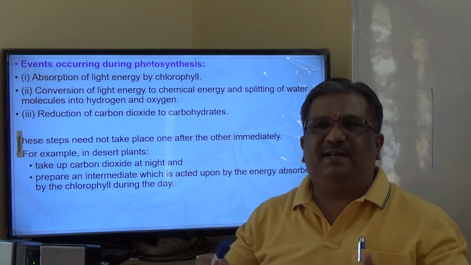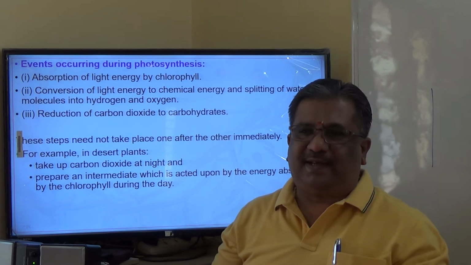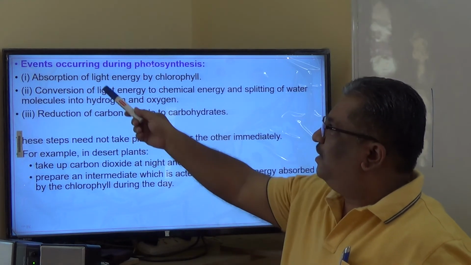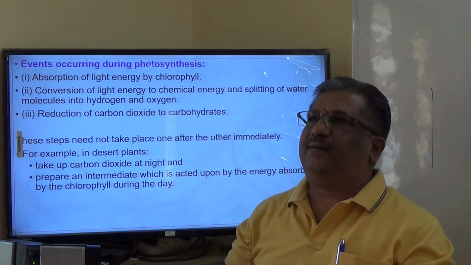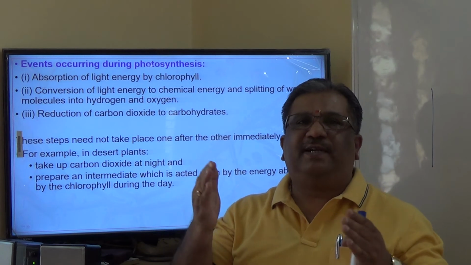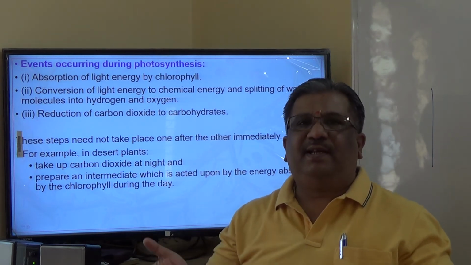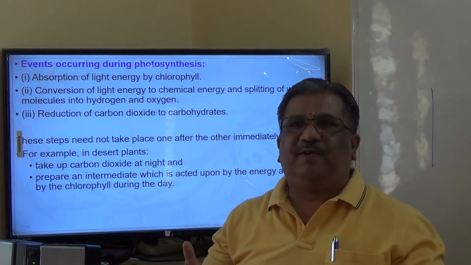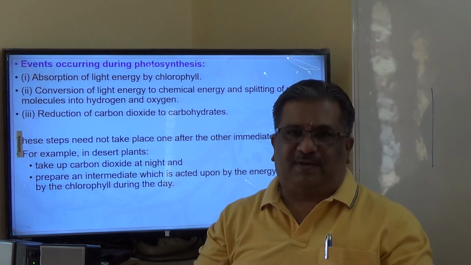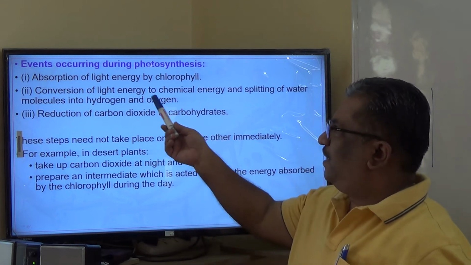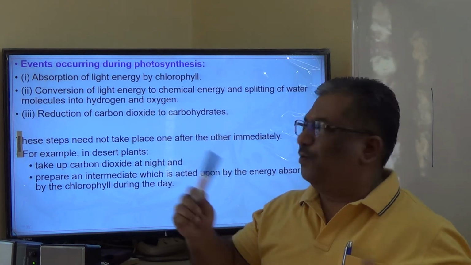We will see that in plants. We just have to understand that light energy is converted into chemical energy, and the chemical energy is used to split the water molecule into oxygen and hydrogen. Oxygen is a byproduct which is released outside, and that hydrogen is utilized again for production of glucose.